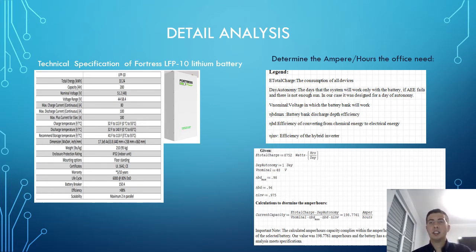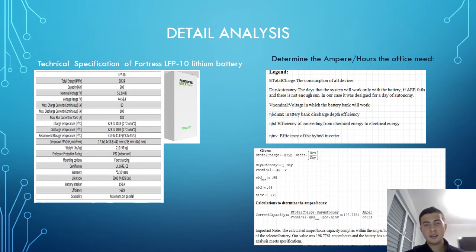To determine the ampere hours of the office, we have to make this analysis: the total charge, the consumption of all devices, the days of autonomy, that is the days the system will work only with the battery if AEE falls, the nominal voltage, the battery bank discharge, the efficiency of converting chemical energy to electrical energy, and the efficiency of the hybrid inverter.